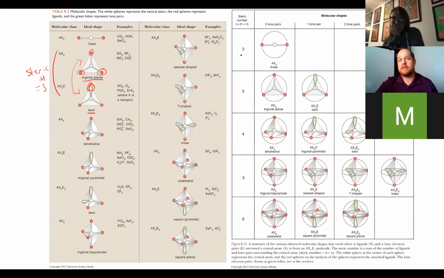Again, this table on the right is organized by, first off, steric number. Then based on how many lone pairs there are. That's going to be something we'll explore as we start to do these molecules.